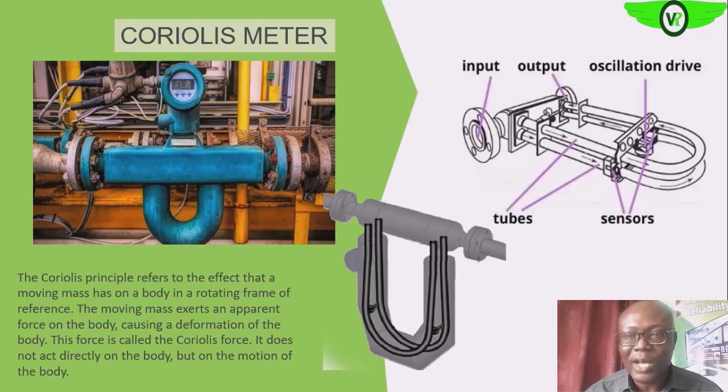Then we also have an input and an output sensor. So the drive coil, or the signal generator, is here. Then we have the input, if this is the upstream end, and we have the output sensors.